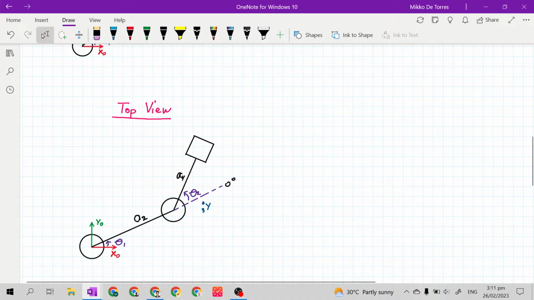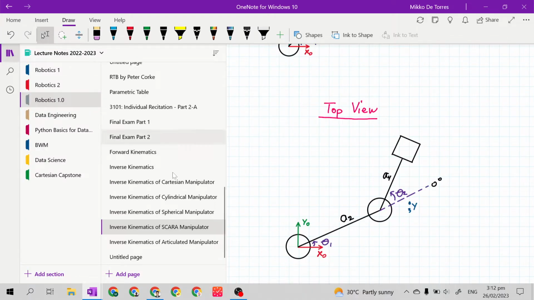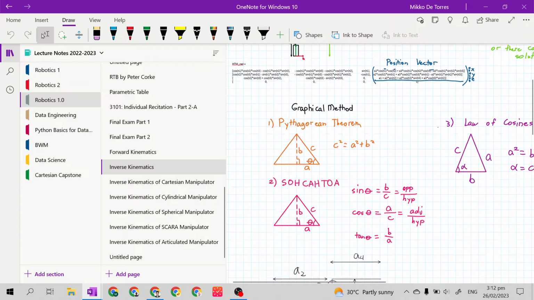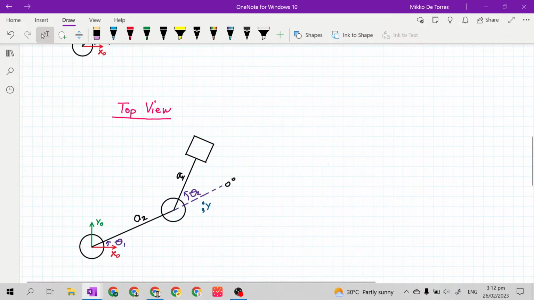So to make use of our trigonometric functions for our inverse kinematics using the graphical method, we need to find triangles.